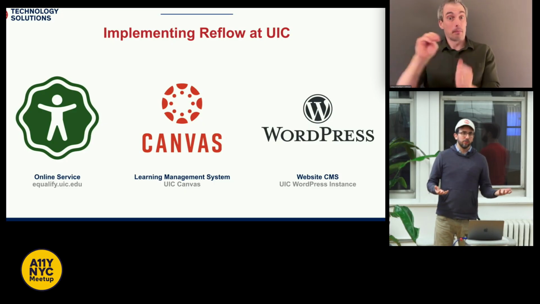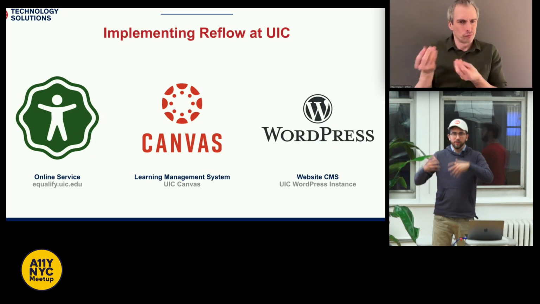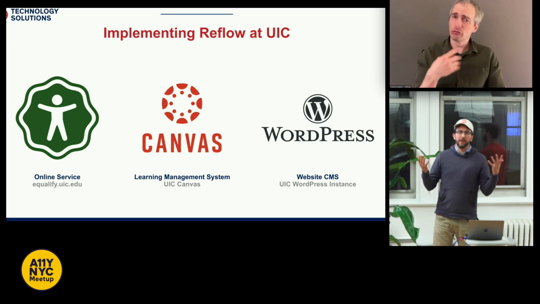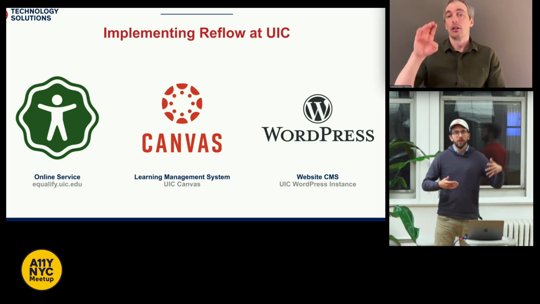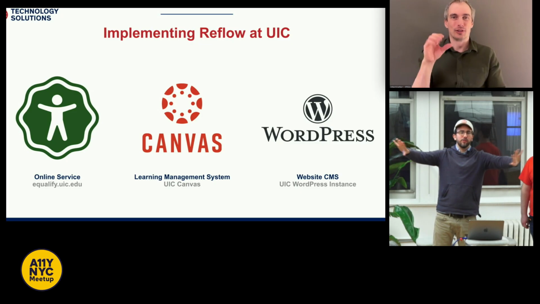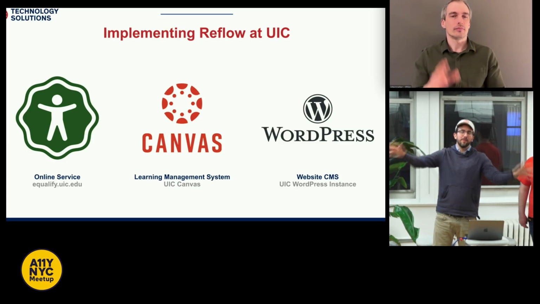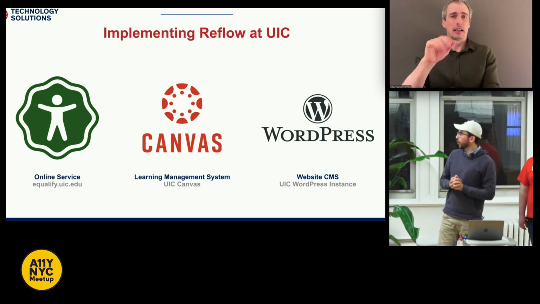A lot of professors we've heard from have told us, we just like PDFs. We don't even like Canvas. So Reflow feeds two birds with one stone: they can just upload a PDF, it can create their Canvas page, they don't have to deal with Canvas, and that Canvas page is accessible. That's what we're working on there.